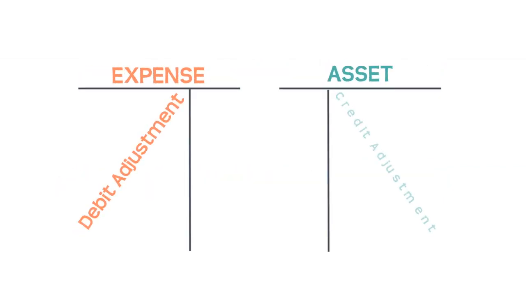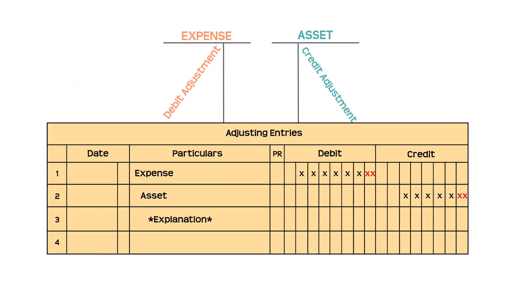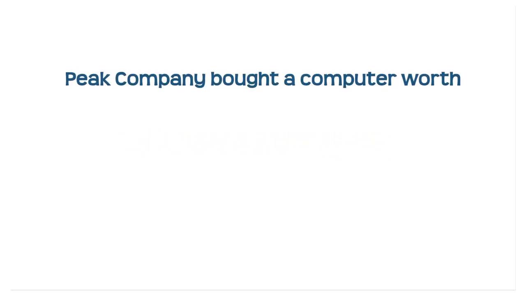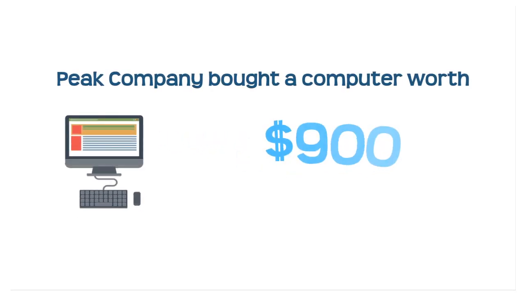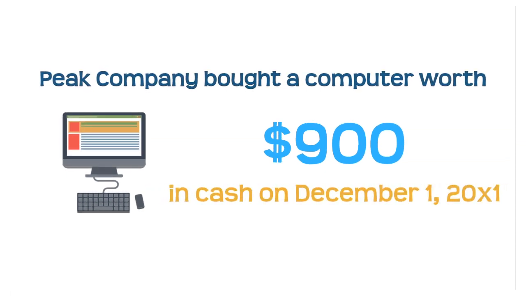Depreciation expense is recorded with an adjusting entry similar to that of the prepaid expenses. Increase the expense account and decrease the asset account. As an example, Peak Company bought a computer worth $900 in cash on December 1, 20x1.